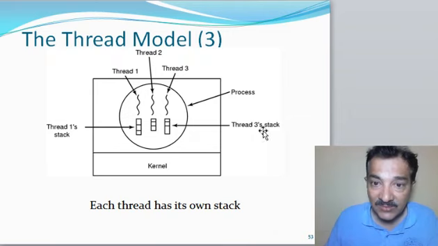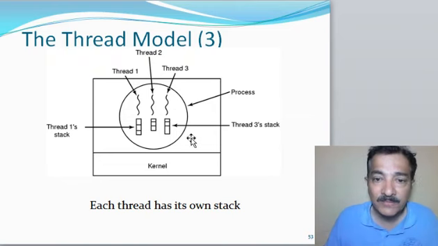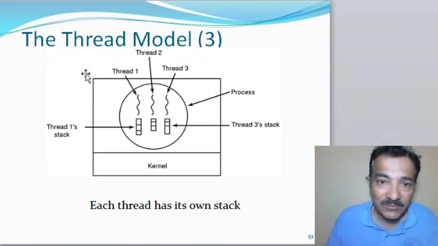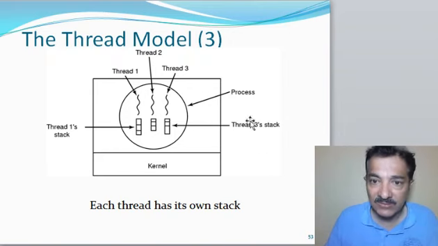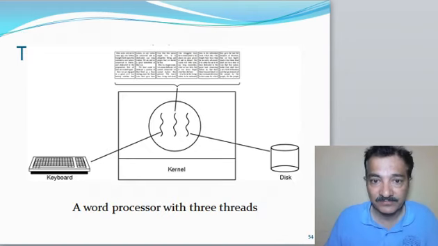Thread 3 also has its own stack. Thread 2, which is the main thread, is naturally using the global variables. Global variables are visible for all the threads basically. It's not only for 1 and 3, or only for 2. It's for 1, 2, 3. All of them have access to the global variable. So each thread has its own stack.